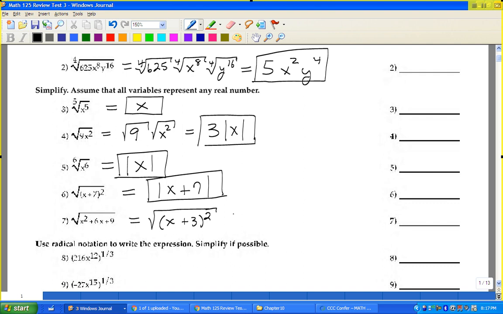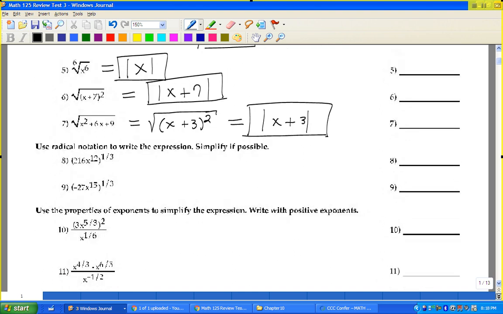And so this is equal to the square root of some quantity squared. Well, the square root gets rid of the square, but it also gets rid of the sign. And so this is equal to the absolute value of x plus 3. And that's your answer.